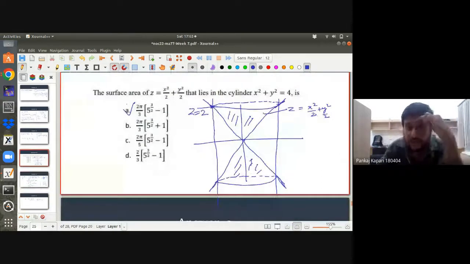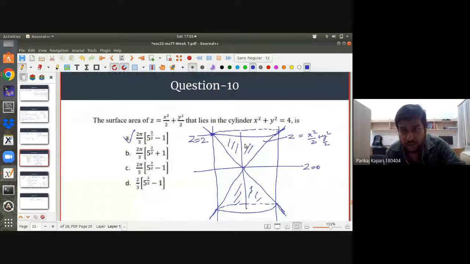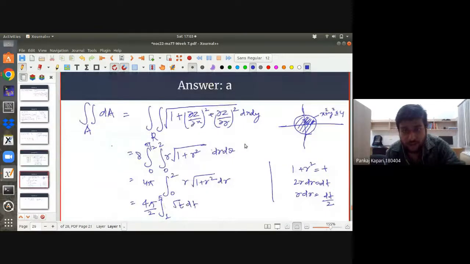It is not mentioned whether we have to find the area only of this surface which is above the z equal to 0 plane, or the part of the surface which is below the z equal to 0 plane. So that is not clear from here. Maybe it is only the first half of the cone.